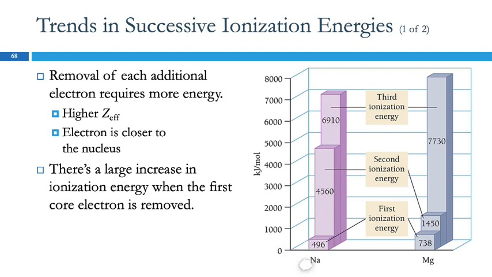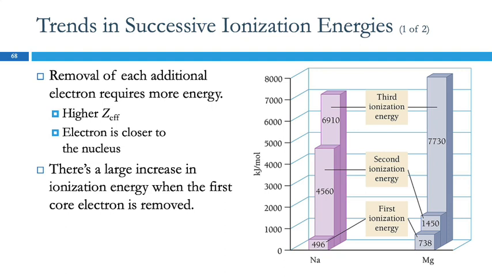So here's sodium. It has a first ionization energy of 496. There's magnesium, first ionization energy of 738. We see that magnesium is to the right of sodium, and so as we go across, we expect that ionization energy to be larger.